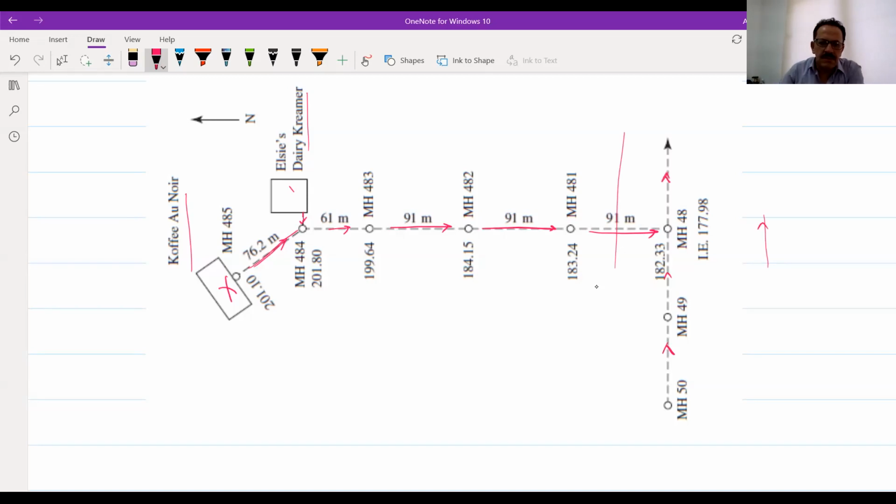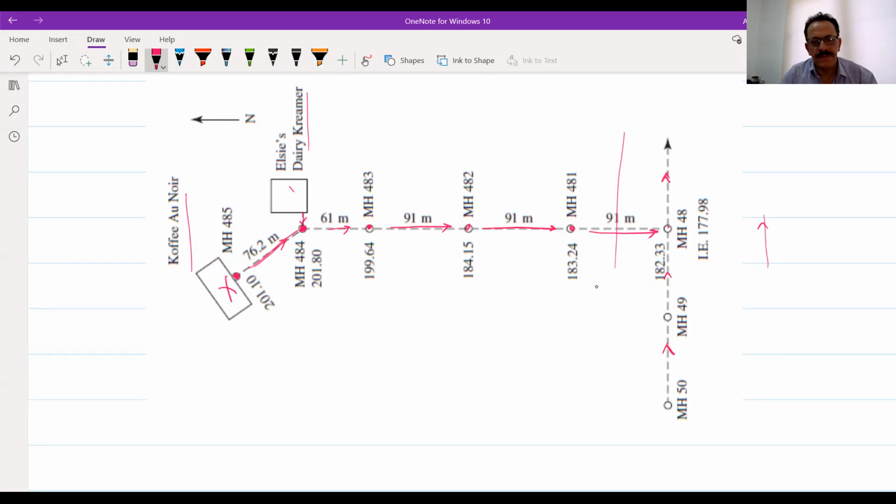And what we have to do, the design procedure is, first of all, we have to put a manhole here and a manhole here. And there will be another manhole here, and here, and here, and here. We say that the spaces between each manhole should be what?